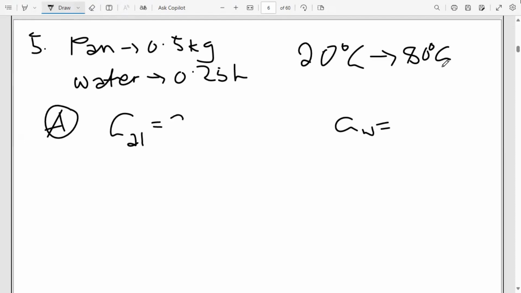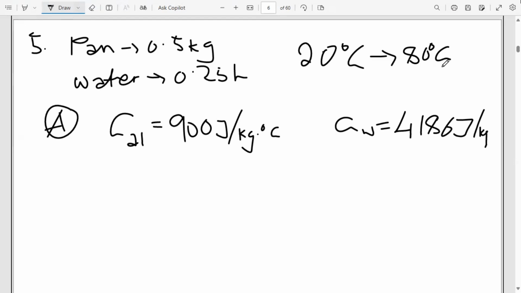So the specific capacity of aluminium is 900 joules per kg degree Celsius. Whilst the one for water is 4186 joules per kg degree Celsius, which sometimes is just used as 4200 joules per kg degrees Celsius.